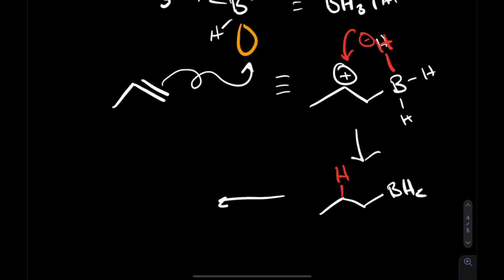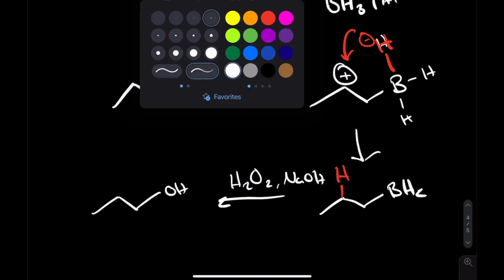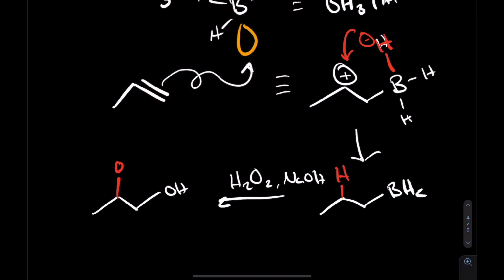If you throw in hydrogen peroxide and a little bit of base, you will end up with what we've been calling anti-Markovnikov addition to your alkene. Oops, that's a hydride, I'll just redraw that.